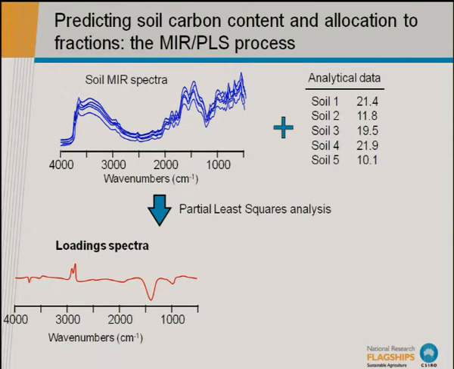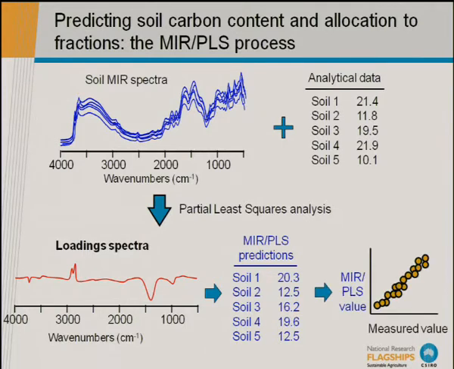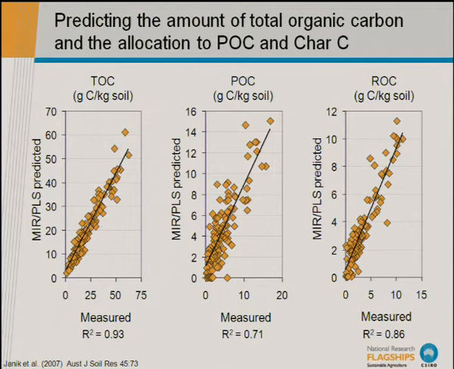So we create these loading spectra, and then we could basically predict what the carbon content or the carbon fraction content is of other soils that we don't have the analytical data on. And we see that we do get, I think the next slide, so this will actually show you some measured versus predicted data.